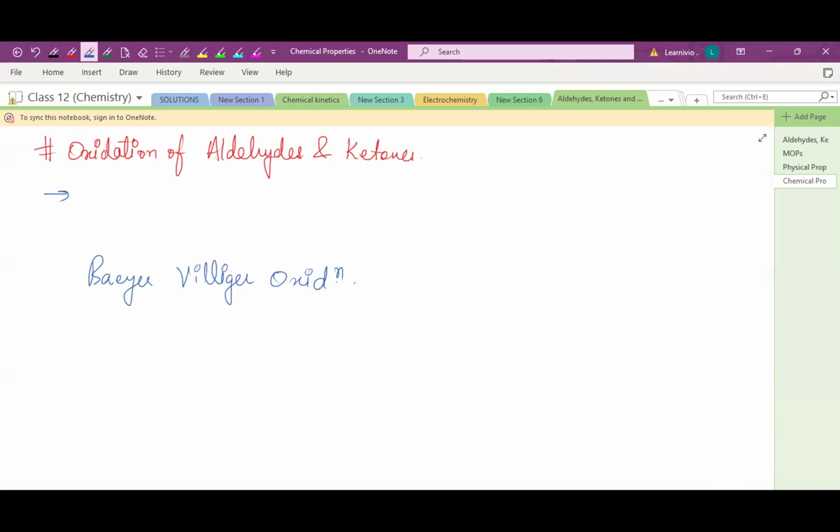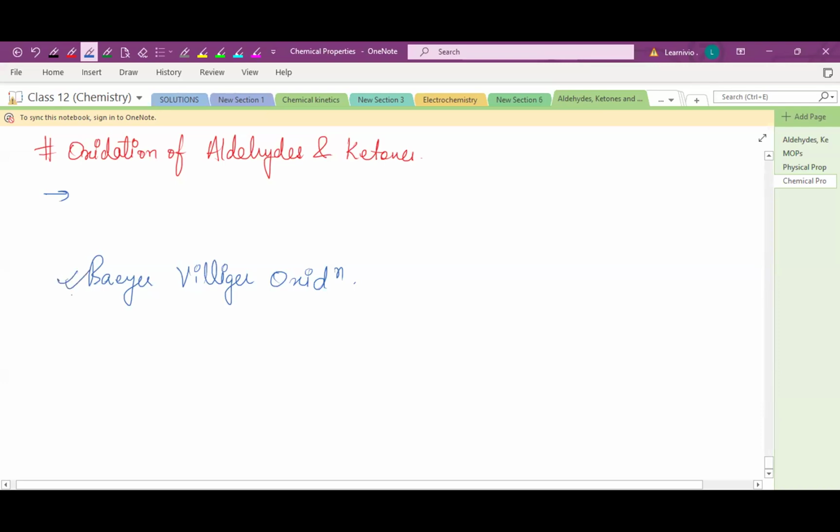So when you use this peroxycarboxylic acid, this ketone will convert into an ester. This is a highly specific reaction, which can be controlled to achieve a desired product. So Baeyer-Villiger oxidation reaction is again very important.